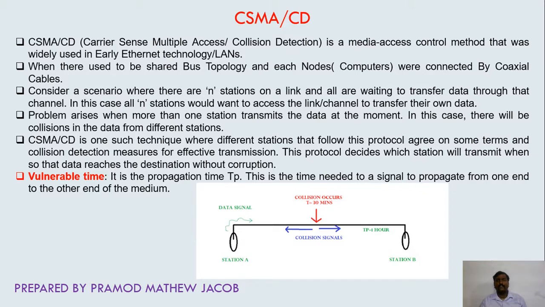Consider the scenario where station A wants to transmit data to station B and station B also wants to transmit a signal to station A. When station A checks the communication line, it looks idle, and if at the same time station B checks the communication line, it also looks idle. So station A starts transmitting the message and station B also starts transmitting the message at the same time, as the line looked idle to both stations.